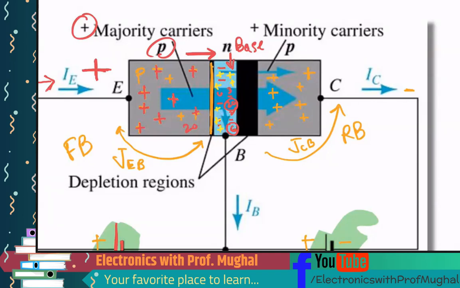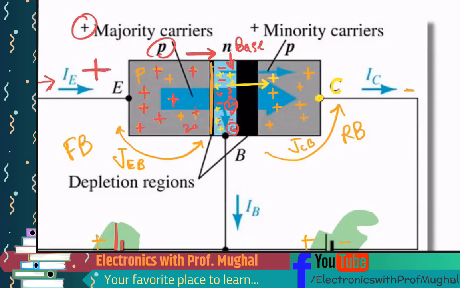So these 14 positive charge carriers are squeezed in that small area. They cannot recombine with any of the electrons because all the electrons have been soaked up by these positive charge carriers. They will actually go past this depletion region, get to the collector terminal over here, where all this current will be collected.